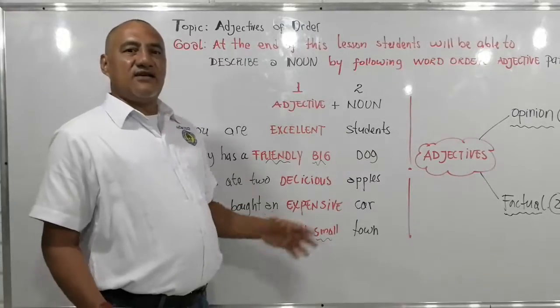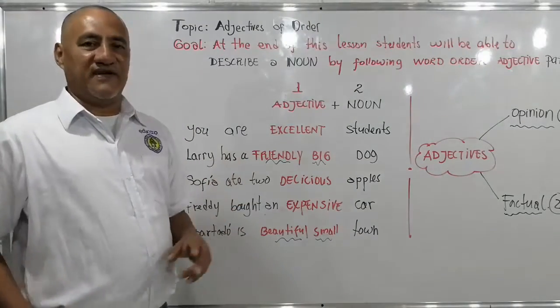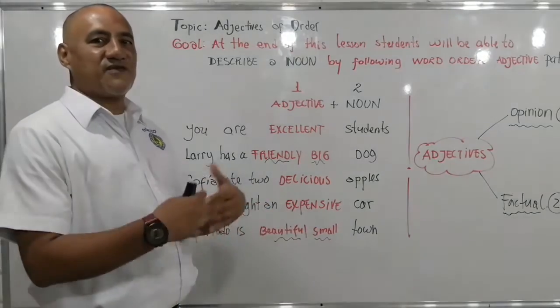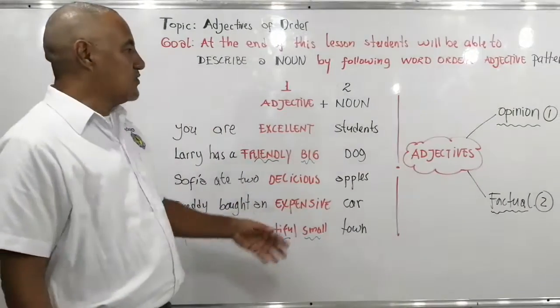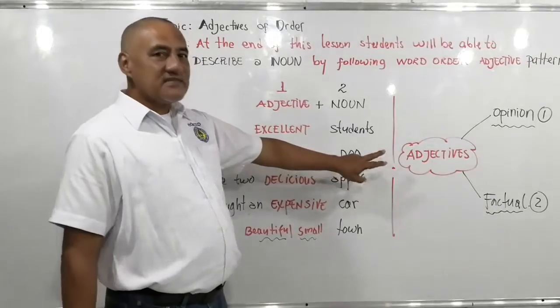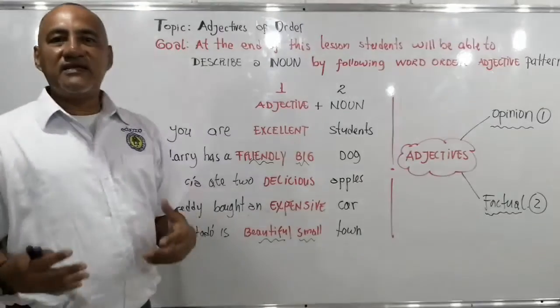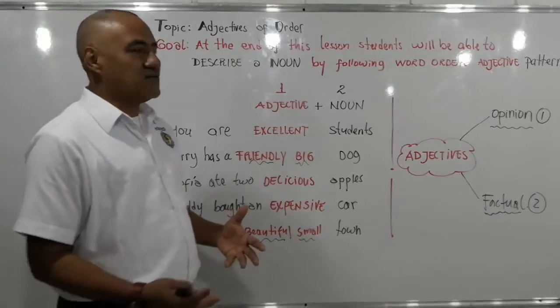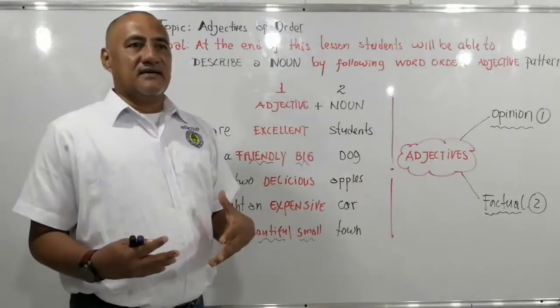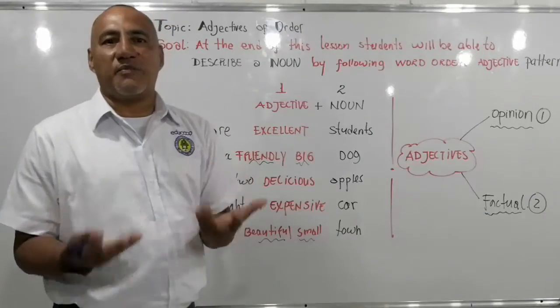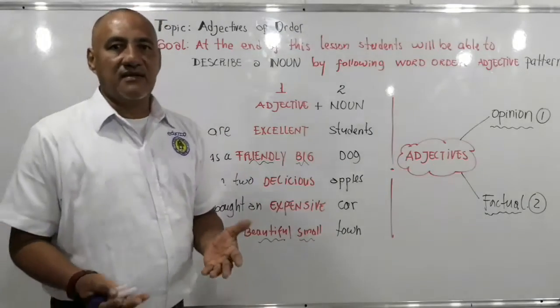In English, there are 2 kinds of adjectives. All right? Remember, they tell us more information about something or someone. There are 2 kinds, opinion and factual adjectives. Opinion adjectives are those that we use when we think about something. It's our opinion, it's a judgment. ¿Sí?